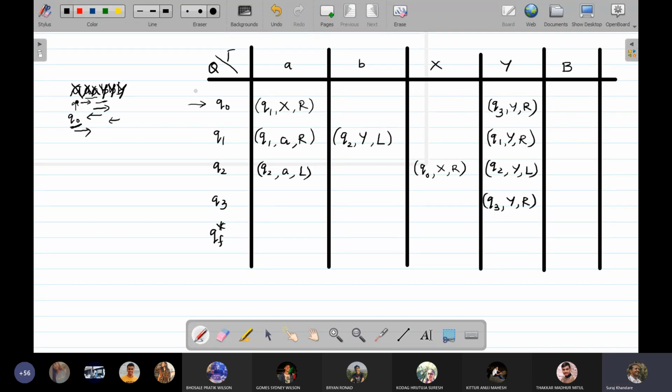Now when you encounter blank here, that time we change the state to QF and keep blank as it is and stay at the place. Are you getting this? And QF is your final state. There is no need to write any transition. Just mention this as the final state.